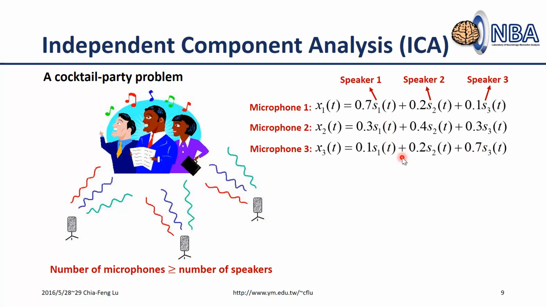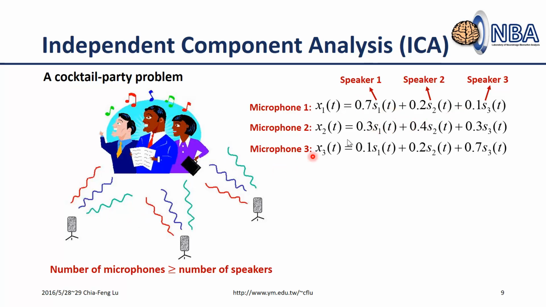However, in the real scenario, what you can get on hand is only these three measurements. You don't know what the original speaker is talking about, and you also don't know what the weighting is. You may say that maybe distance is a good weighting for this kind of linear combination, but to be very honest, it's not that easy, not that simple. So you cannot directly use the distance as the weighting.